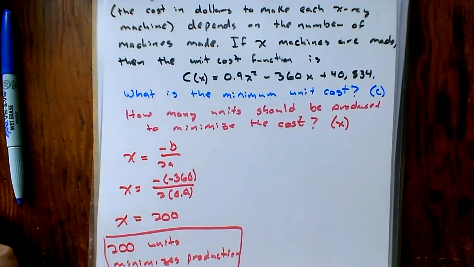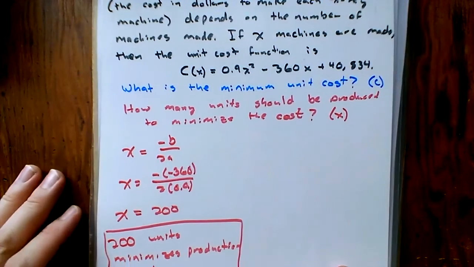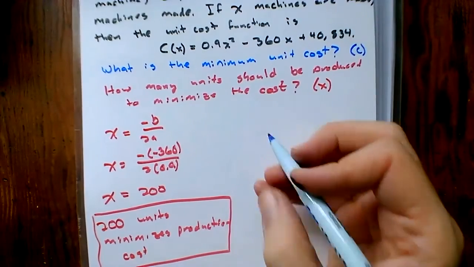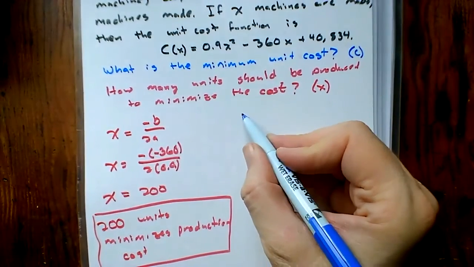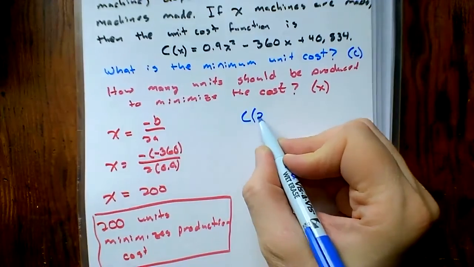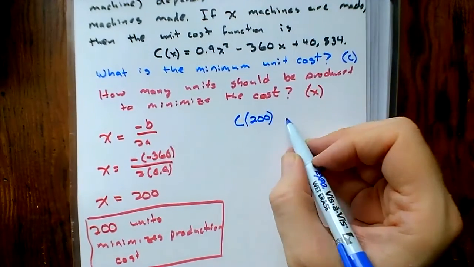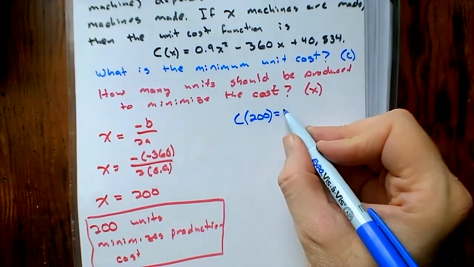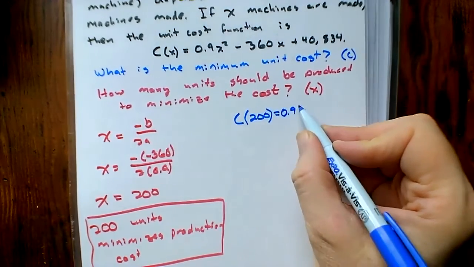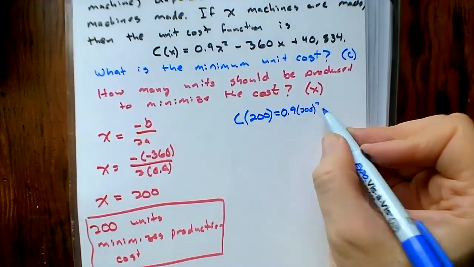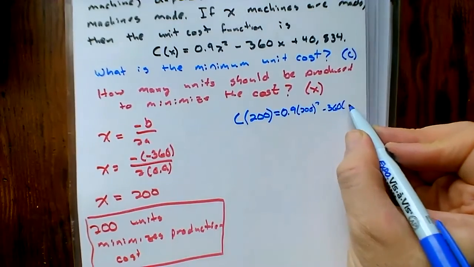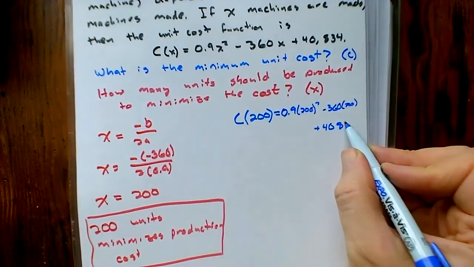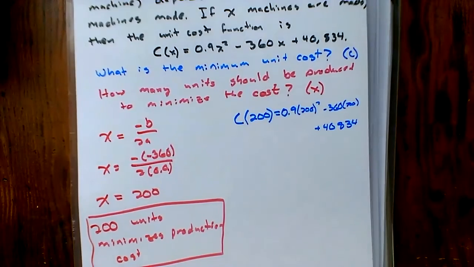Well, we don't know what that minimum cost would be, but all we have to do is plug it in. So here I'm just figuring out what that cost function is at 200 units. I will plug this in: 0.9 times 200 squared minus 360 times 200 plus 40,834. That's going to be some big numbers.